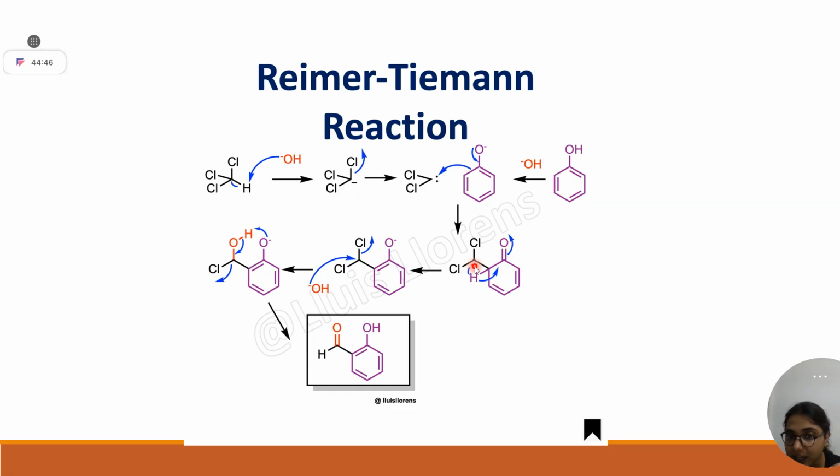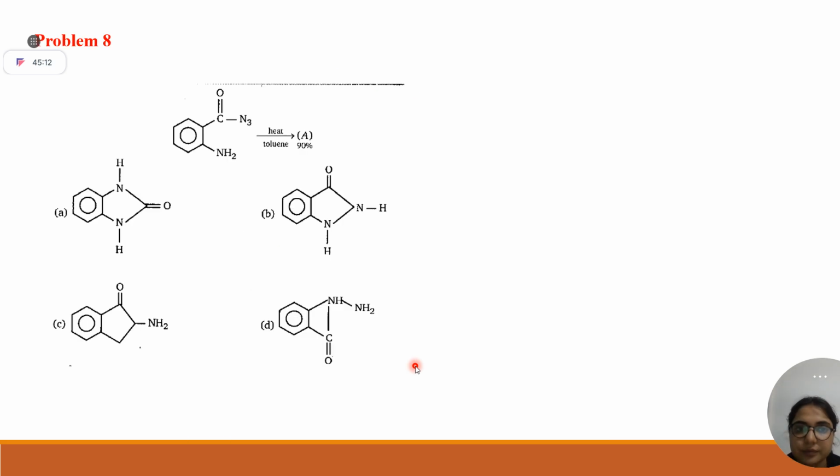Now this carbanion will act here as a base, abstract this proton, negative charge will go and aromaticity will be regained. Correct? Now these both chlorines will undergo hydrolysis and you will get this salicylaldehyde. Is the mechanism clear? Yes, ma'am, clear. Clear to everyone, right? Good.